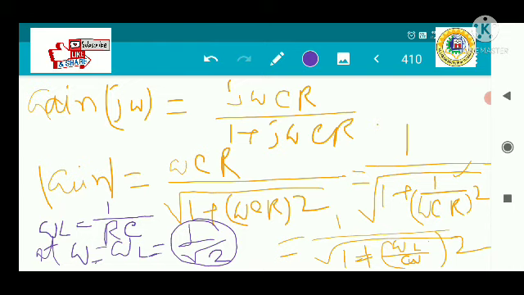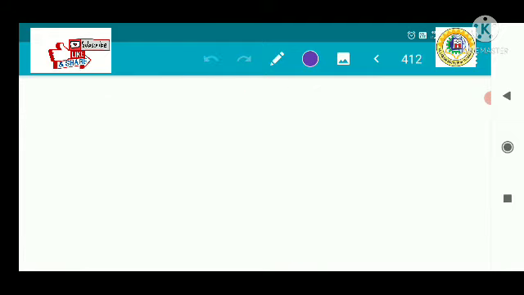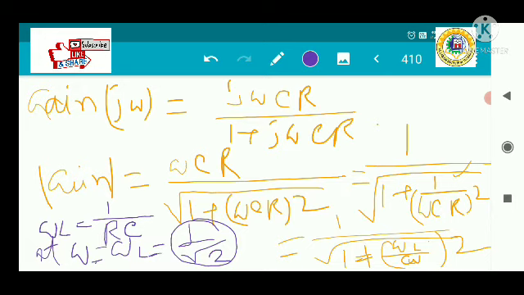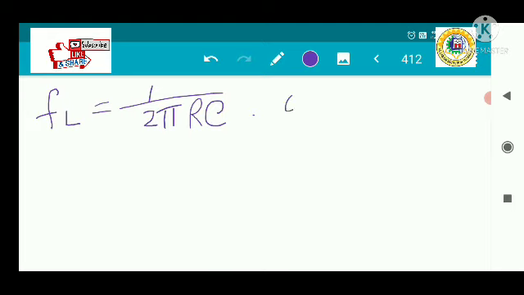So that is the meaning of writing down gain is 1 by root 2. Okay, if you want to write down the cutoff frequency in hertz, FL, the lower cutoff frequency, it is 1 by 2 pi RC. Omega L equal to 1 by RC, and if you want to express it in F, then it is 1 by 2 pi RC.